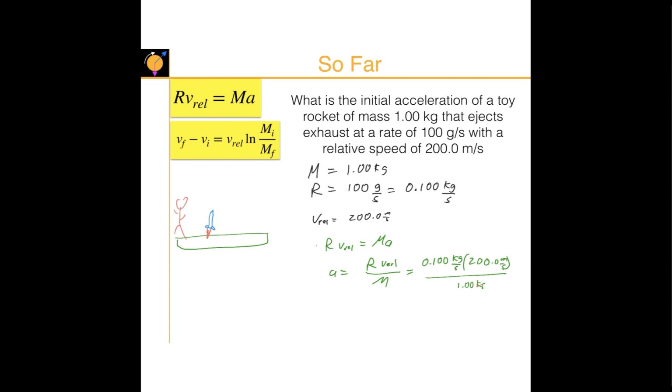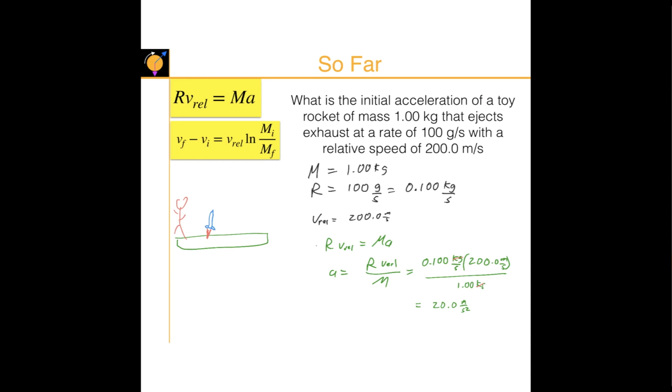And you notice the kilograms cancel out. We end up with meters per second squared, which is acceleration, and we end up with 20 meters per second squared. So that would be the acceleration provided by the rocket at this point.